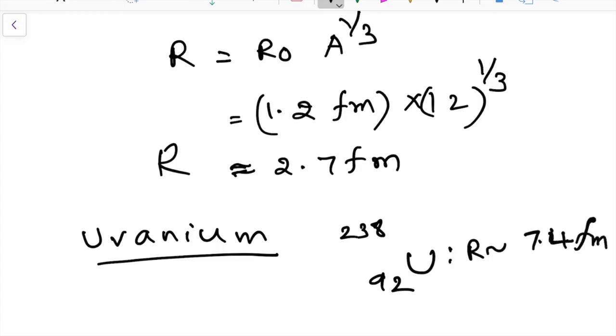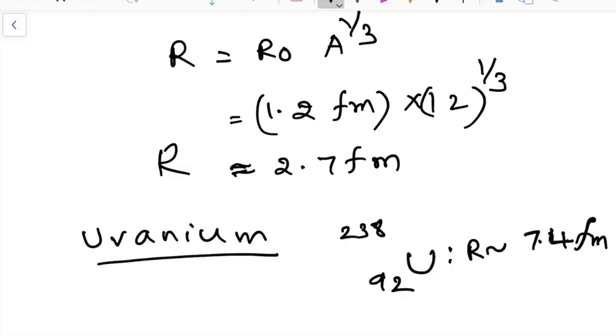So now we have discussed the nuclear size and how it depends on the number of nucleons in the nucleus, which is given by A. It is the cube root of A, the atomic mass number.